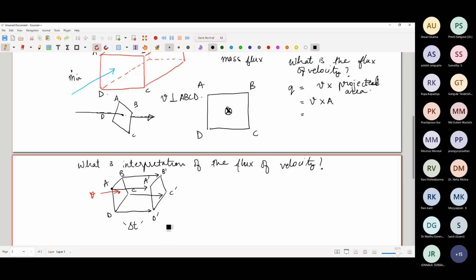They are moving because we imagine that this area is going to move with this velocity.